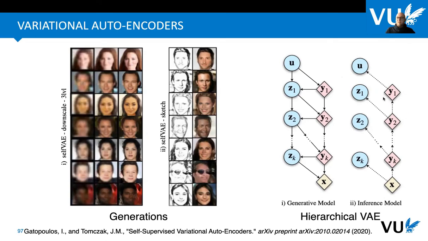So at each level, because for instance this is a downscaled version of an image, it's a smaller and smaller image. And at each level we train separate VAEs, right? So in theory it should be easier to fit smaller models. Then the generative procedure is that first we sample a very downscaled image, then we upscale it and upscale it in a probabilistic fashion.